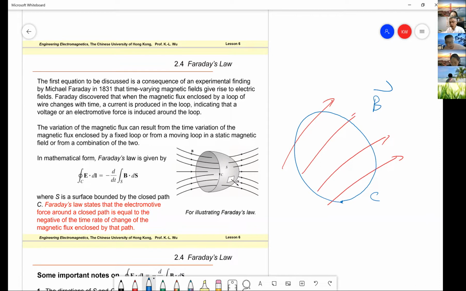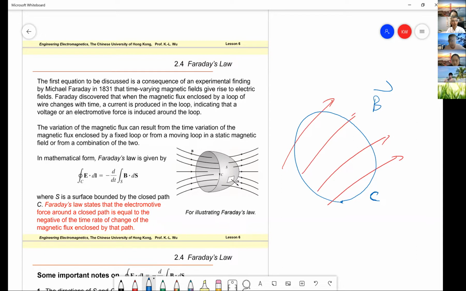Then if we change the magnetic field with time, there are different ways we can change it. Either we can change the field itself, or we can change the size of the contour, right?